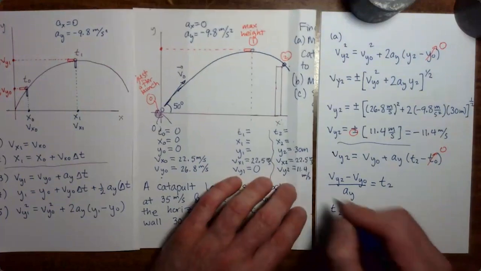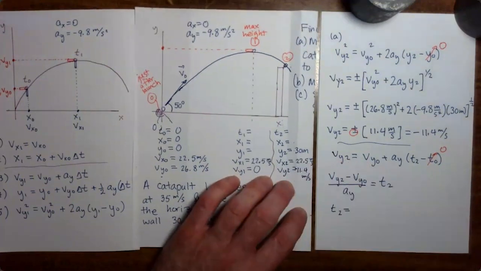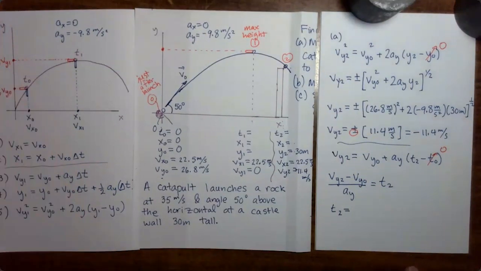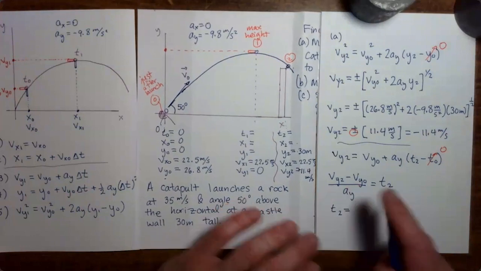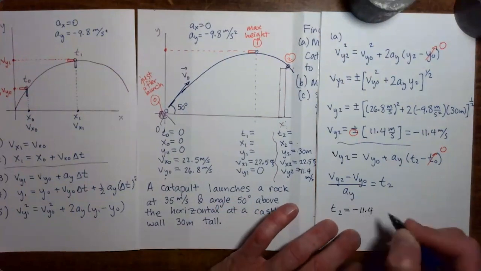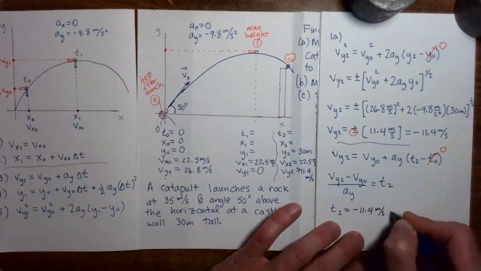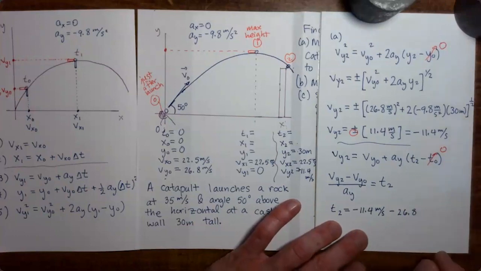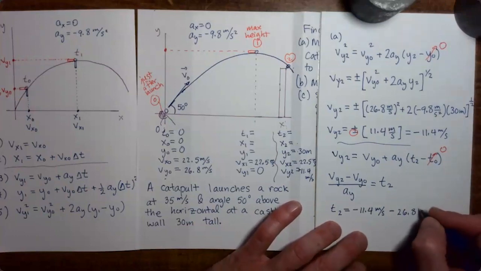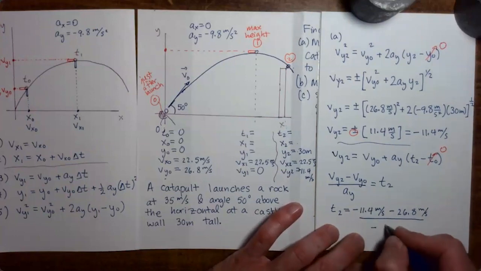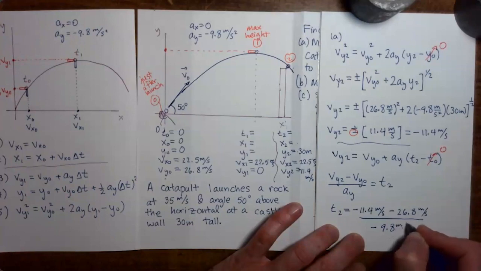Okay, so now let's flip sides and make our substitutions. T2 equals Vy2, oops, I forgot the minus sign there. Okay, so Vy2 is minus 11.4 meters per second, minus Vy0, 26.8 meters per second, over ay, minus 9.8 meters per second squared.